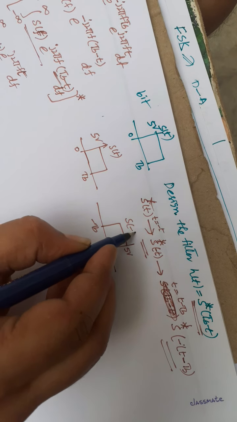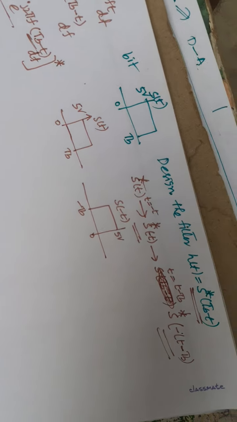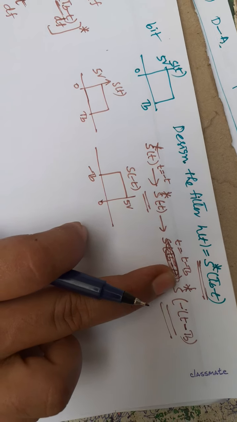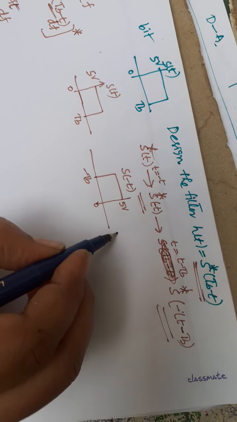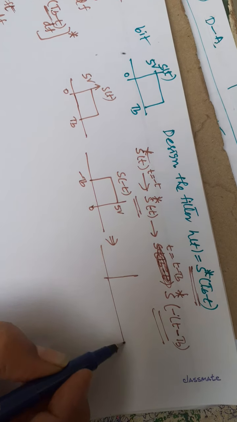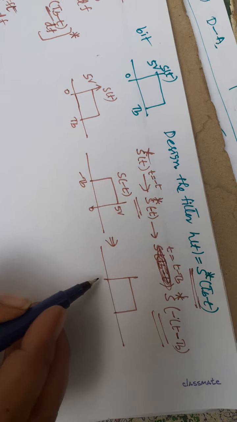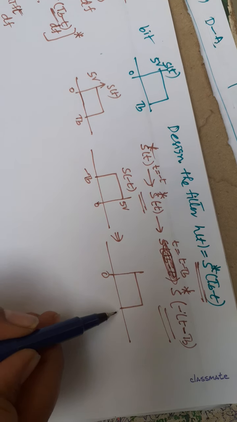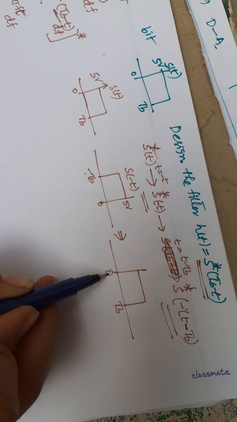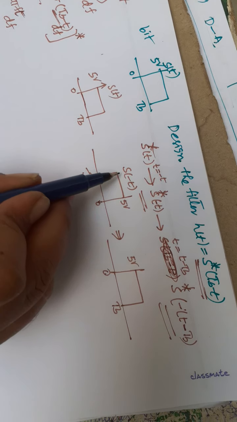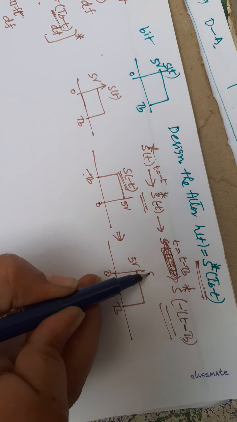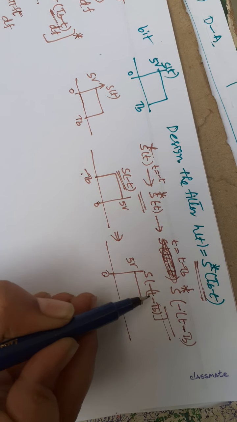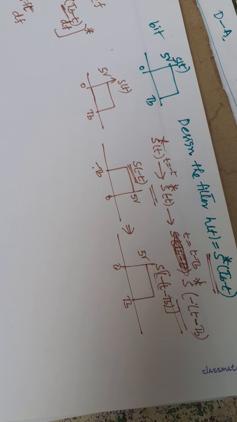After this, it is shifted towards the positive side by the Tb duration. The signal is the same, but 0 goes towards Tb and Tb goes towards 0. The voltage is the same. So s(t) is changed to s(minus of t minus Tb). Yes or no? This is my signal.